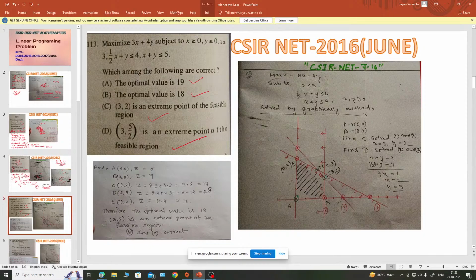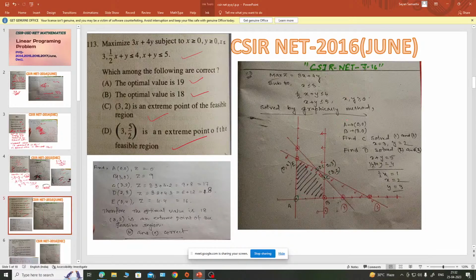This can also be solved by the graphical method. First we convert the inequalities to equalities. The first inequality says x less than or equal to 3, the second half x plus y less than or equal to 4, and the third is x plus y less than or equal to 5. Converting these to equalities, we can see this type of graph.